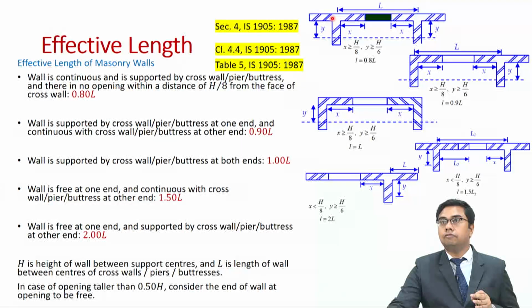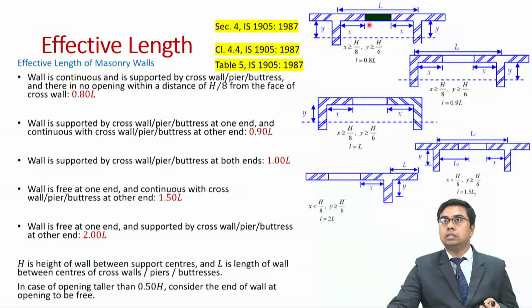Let us look into the first case, where you have a wall which is continuous and is supported by cross walls. It can also be a pier or a buttress. So this wall is being supported by these cross walls, and apart from the support, the wall is also continuous, and therefore the effective length of this wall shall be 80% of the length of the wall.